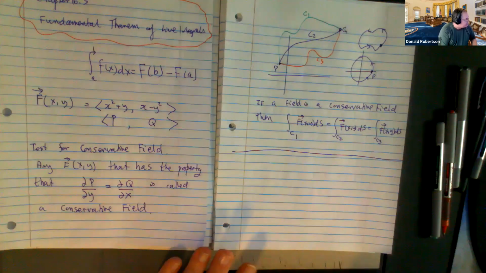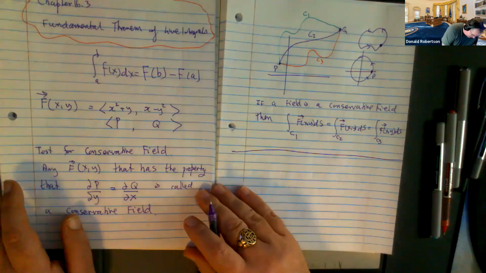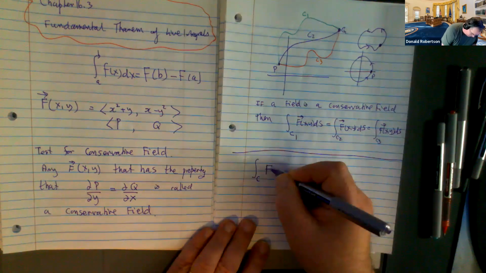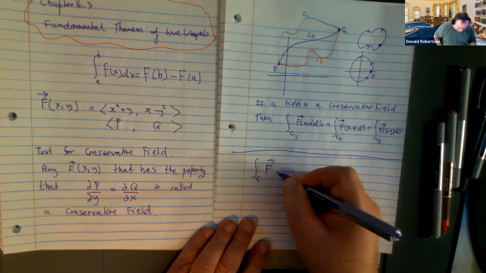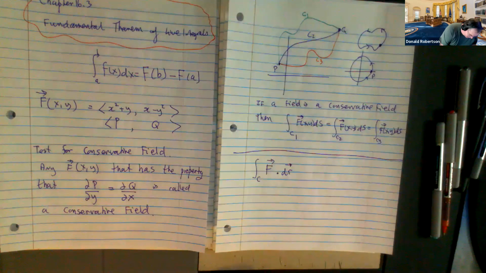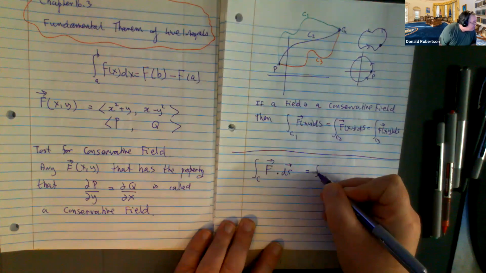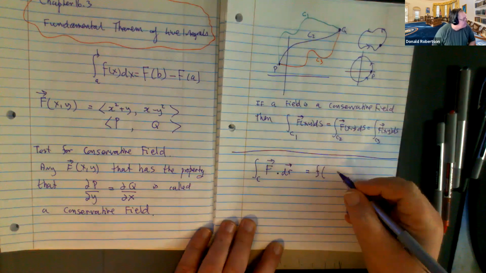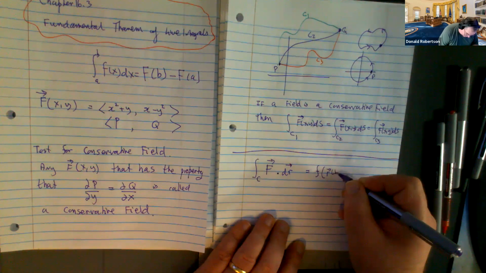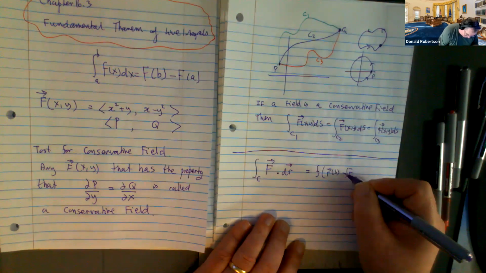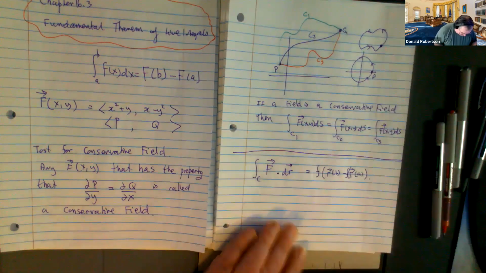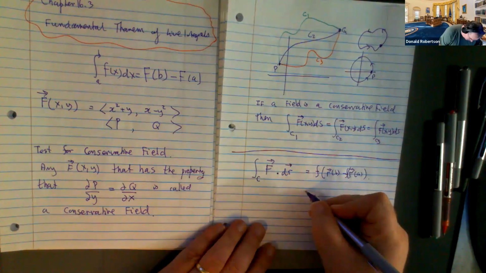Adding to the fundamental theorem, if you find a line integral of your function F dot dr, in other words, the dot product version of it, it's described as f of r of b take away f of r of a.